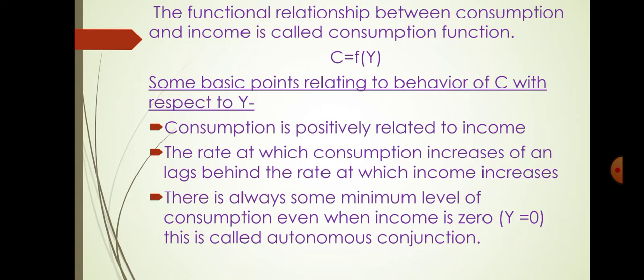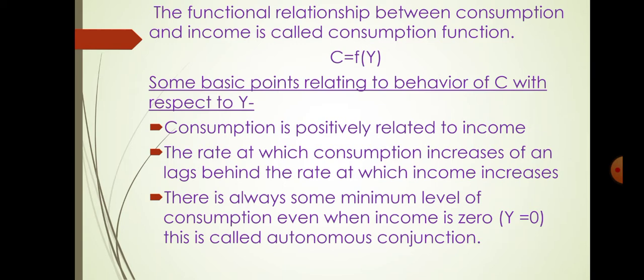After studying the behavior of consumption with respect to Y, some significant points have been observed. As consumption is positively related to income, it means a rise in income causes a rise in consumption and a fall in income causes a fall in consumption. And the total increase in income is not converted into consumption.